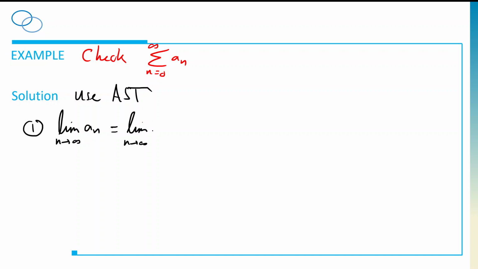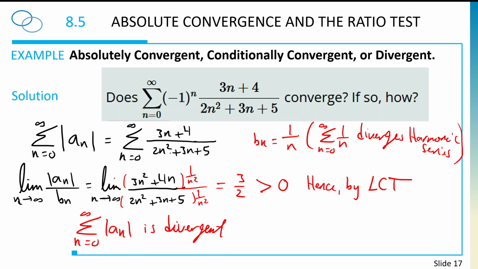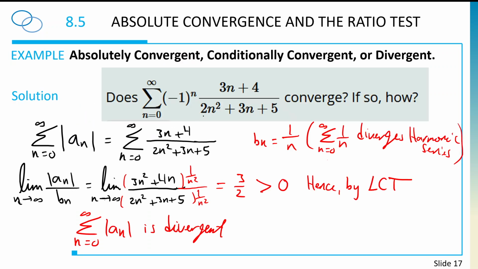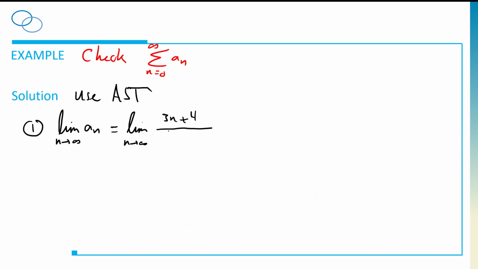What's the expression in this case? We have (3n plus 4) divided by (2n squared plus 3n plus 5). This limit equals what? 0. Okay, first condition satisfied.